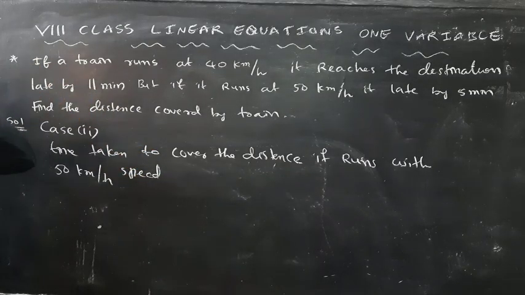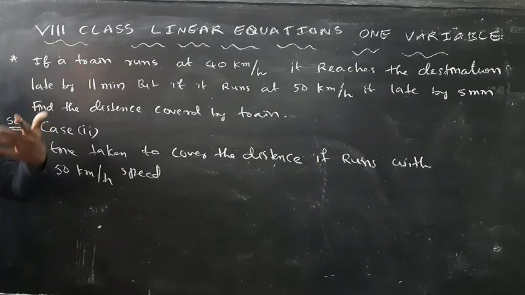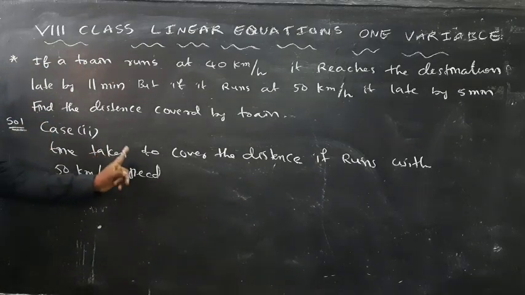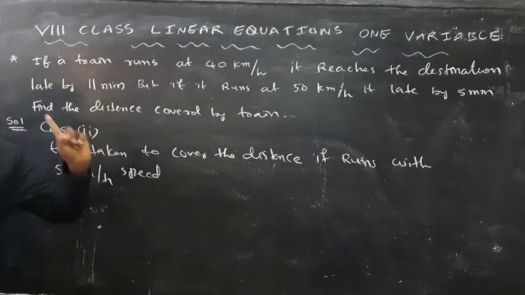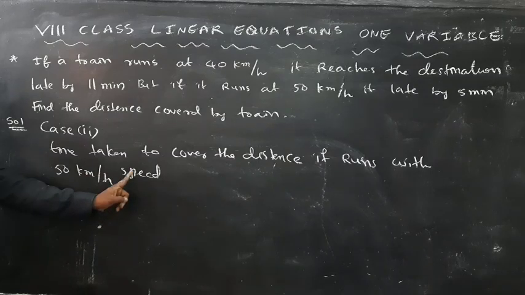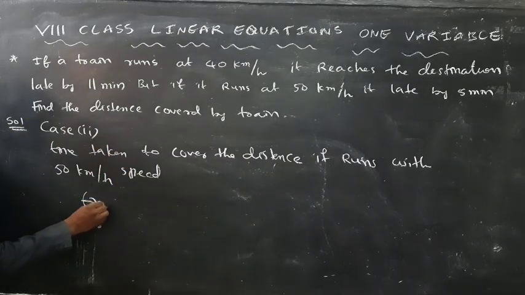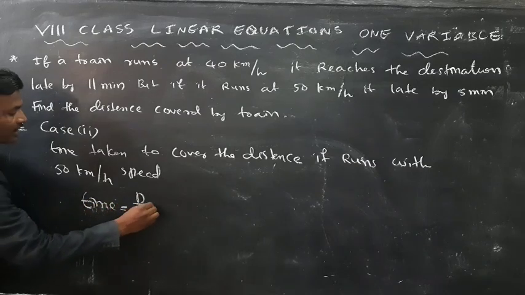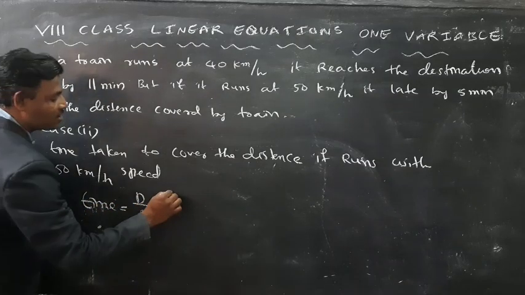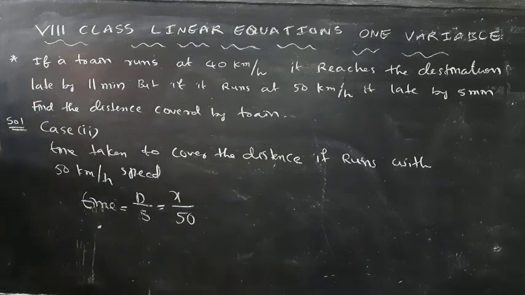In case 2, the train is moving with 50 kilometers per hour speed. Then what is the formula? Time is equal to distance by speed. What is the distance? X. And what is the speed? 50. So in the first case, it was 11 minutes late.